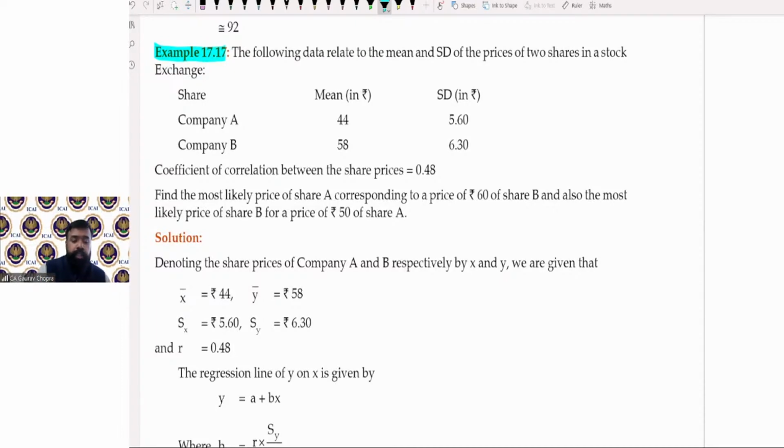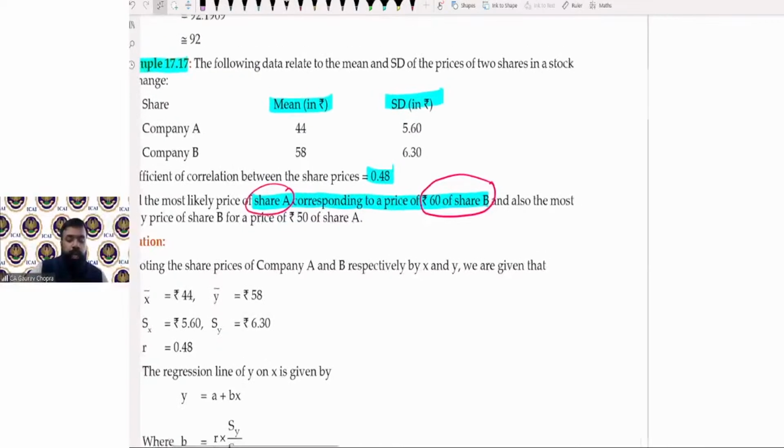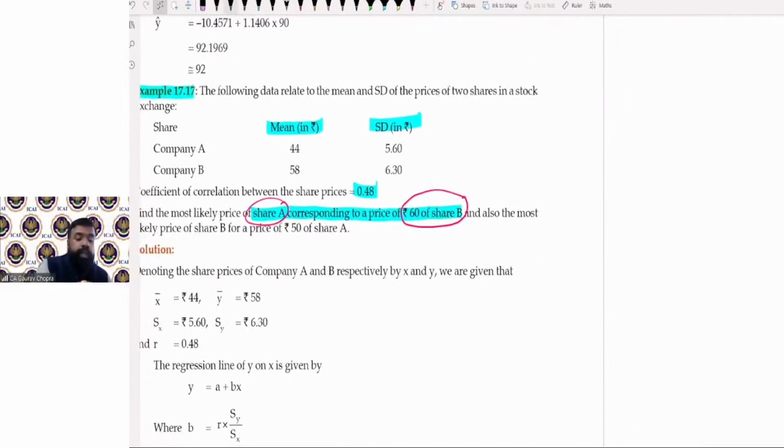The coefficient of correlation is given as 0.48, the mean is given, the standard deviation is given. Find the most likely price of share A corresponding to a price of 60 rupees of share B. So here you have to find the price of share A. Find the value of share A when the price of share B is 60 rupees. This is the first portion, you have to calculate this. So how will we calculate, let us understand.